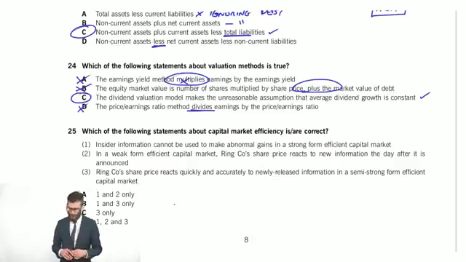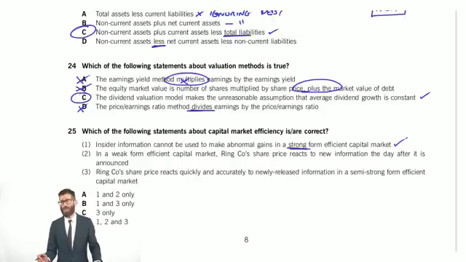Now, which of the following statements about capital market efficiency is or are correct? Insider information cannot be used to make abnormal gains in a strong form is correct because the strong form absorbs all information as it's created, so nobody has a head start and has information that nobody else has access to. Under the strong form, everybody has access to the same information regardless of whether it's publicly available.